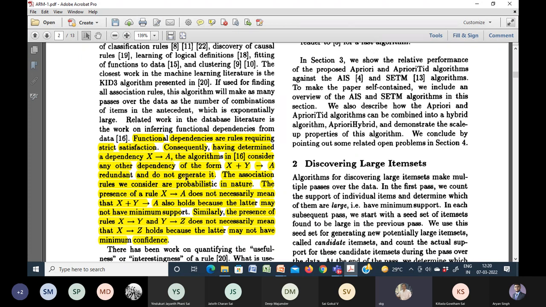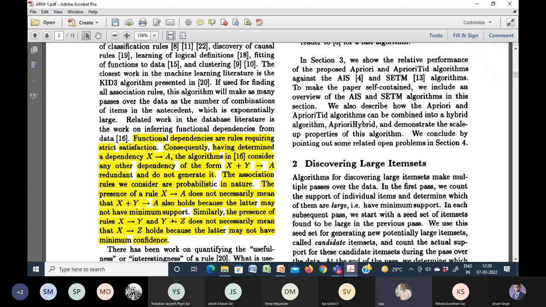But in the case of our association rules, these are pluralistic in nature, right? So X implies A does not necessarily mean X plus Y also implies A, because the latter may not have the minimum support, right? Whatever I consider should have a minimum support.